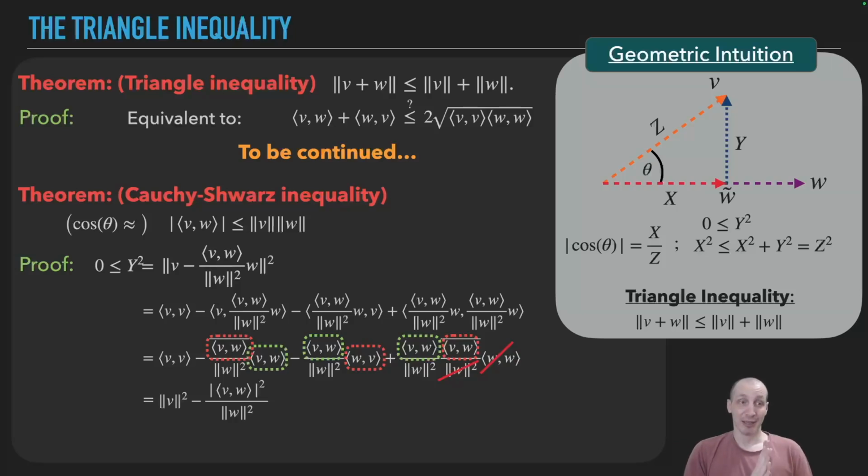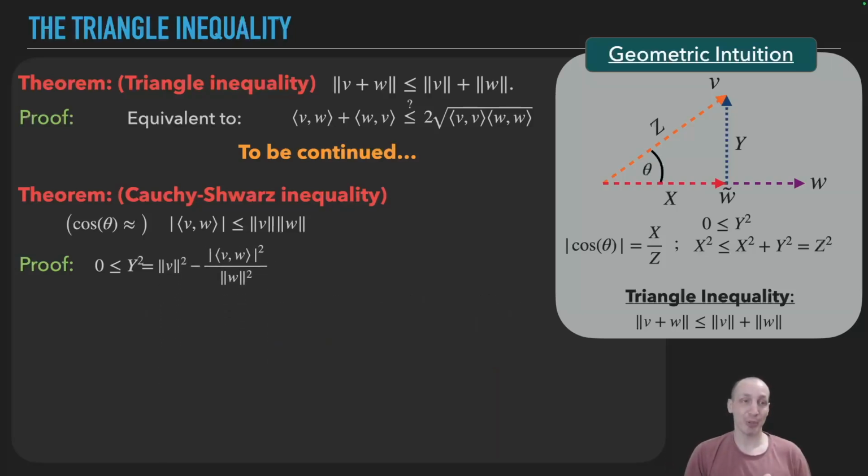So we did all of this computation, and we got to the point that this expression is larger than or equal to 0. Now we just need to move stuff around and get that the absolute value of the product of V and W is at most the norm of V times the norm of W, which is exactly the Cauchy Schwarz inequality.